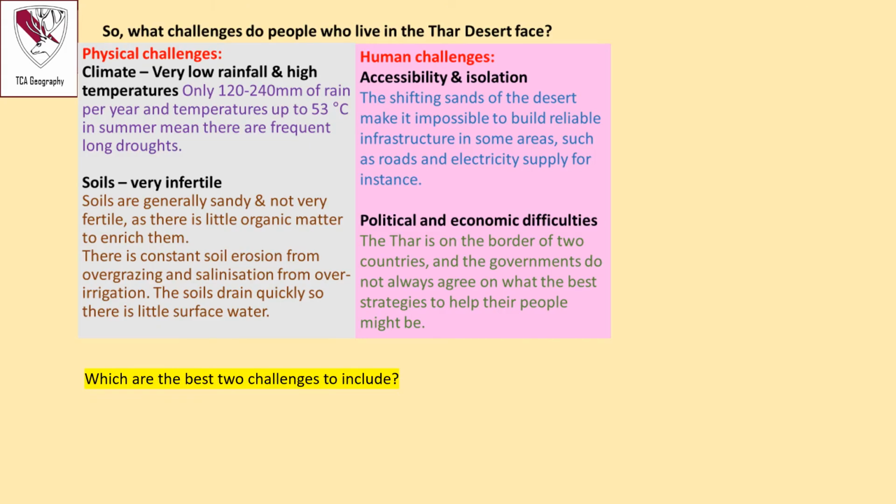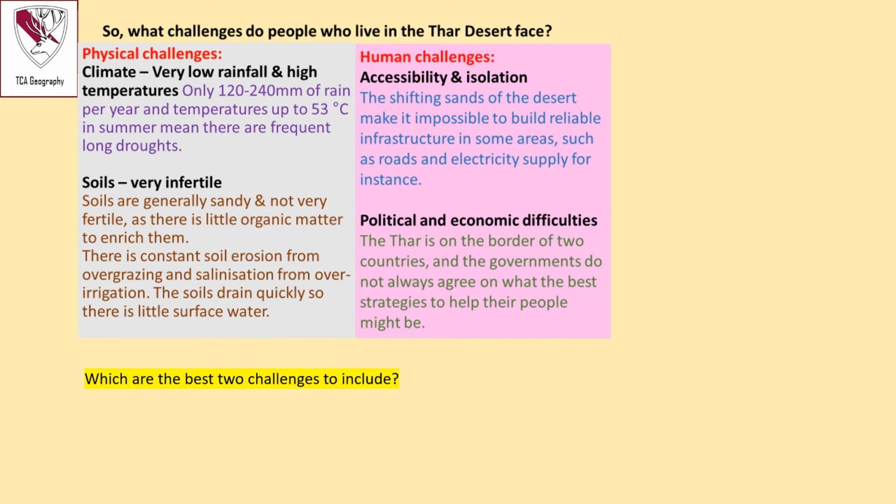let's look at what we're going to include on the challenges. This is from a couple of lessons ago, and we said there were mainly four challenges. There's the climate, the soil, the accessibility and the fact that it's isolated, and political and economic difficulties. What are the best two of those to include?